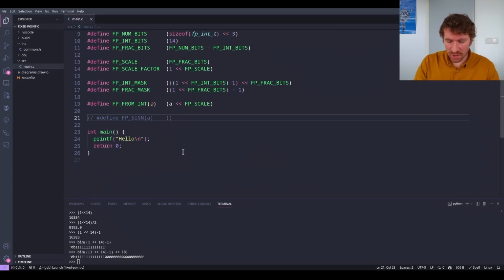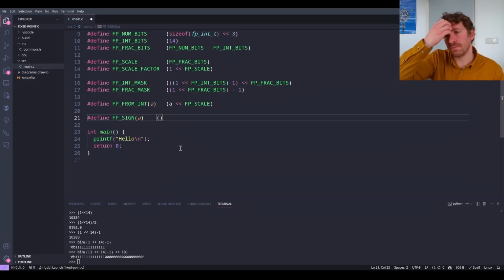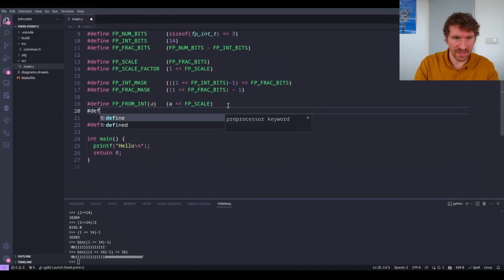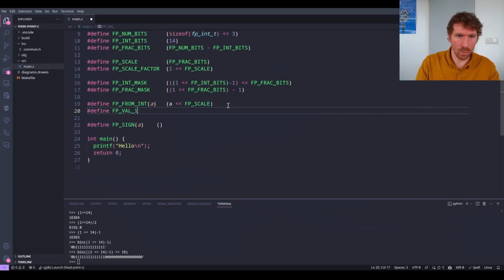Okay, so to get the sign of a number, and because I said that I want this sign to return either a fixed point 1 or a fixed point -1, what we want to do here is define a fixed point value 1. And the fixed point value 1 is just FP from int 1.